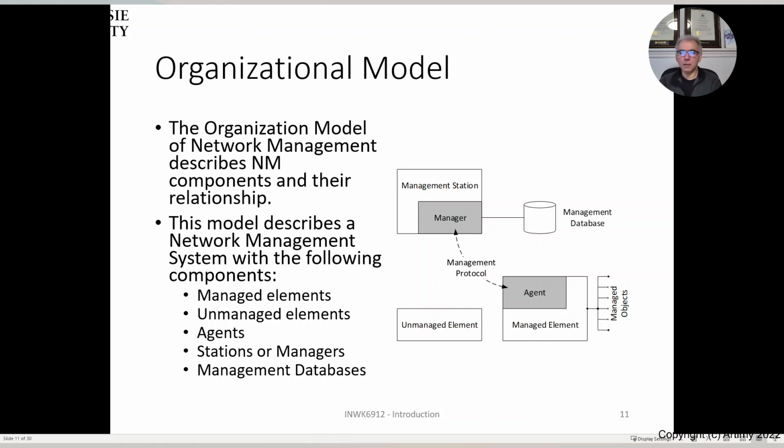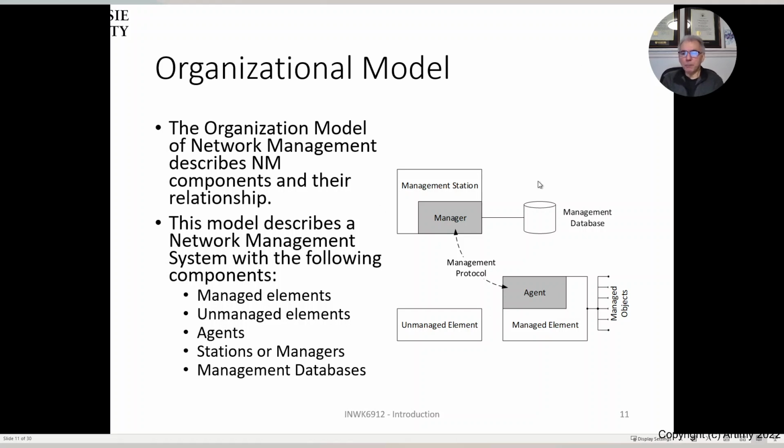So in that case, the software manager will maybe collect information about the bandwidth from devices every 5 minutes and store them in the management database. Later on, the network manager, the person, will use maybe other tools to graph the information and get a nice picture of the bandwidth used in the network over the last 6 months, for example.